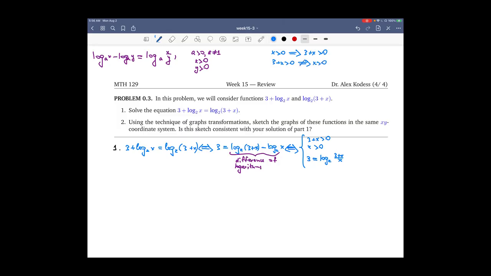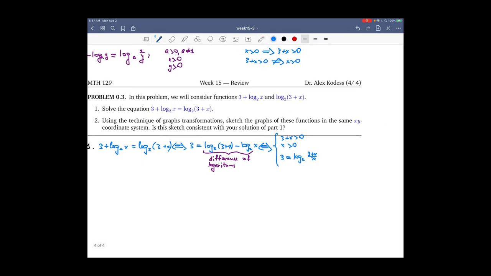So we see that this condition is stronger than this one, meaning that whenever this is true, this is automatically true. So we may neglect the condition 3 plus x is positive and forget about it.